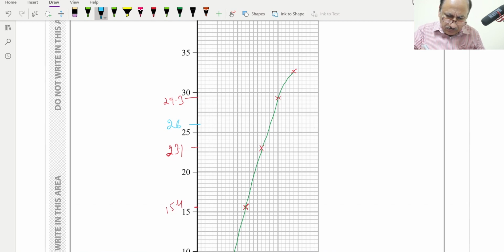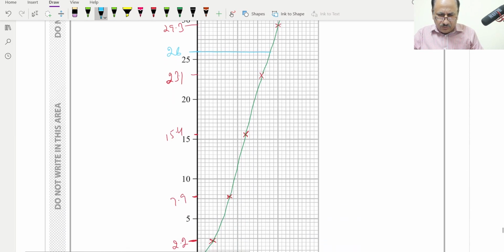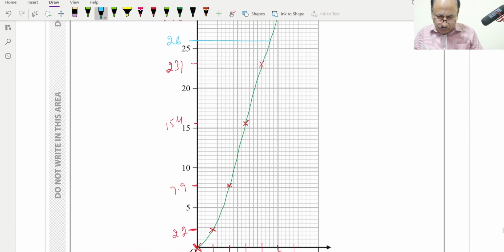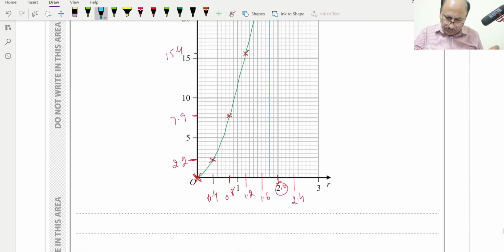We can join. I will show the reference. This is the reference point, and we can draw the other side line also, and this is the reference for this side, and this is giving us the value 1.8. So 1.8 is this reference value. Hopefully you understood how we got this value.